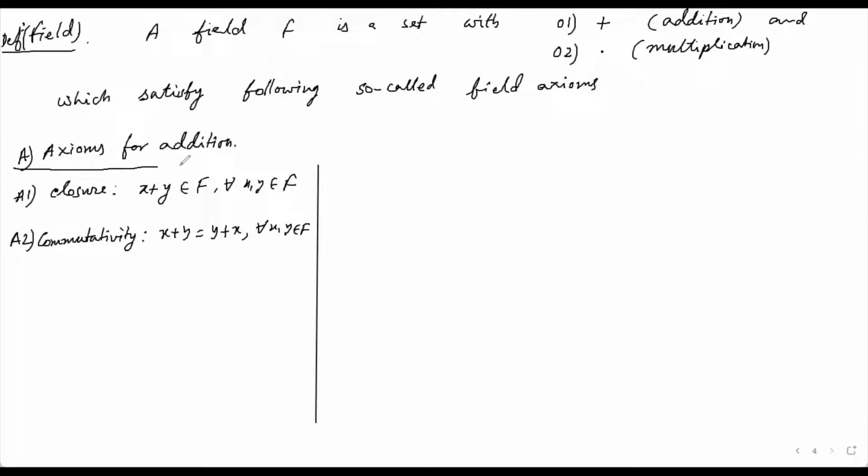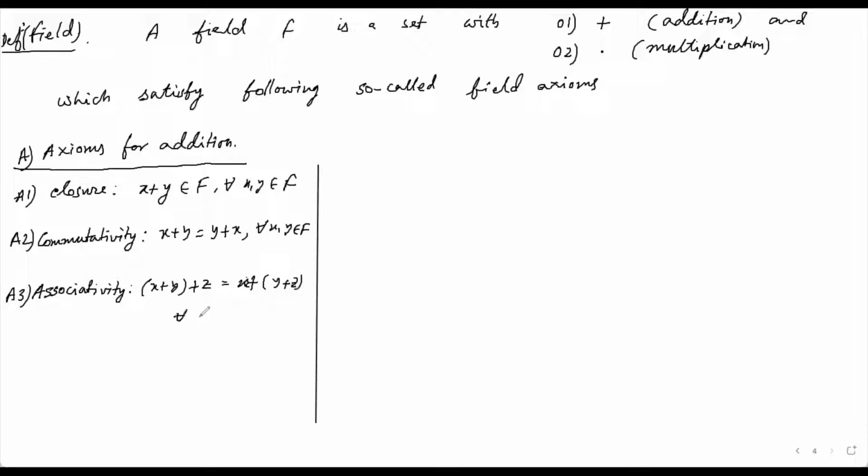A third axiom is associativity. It says that x plus y, then plus z, is equal to x plus y plus z.